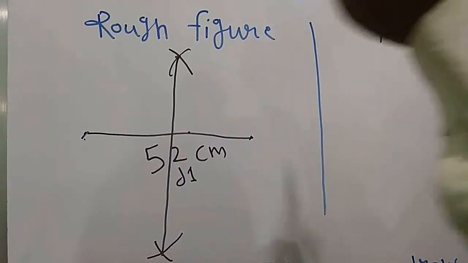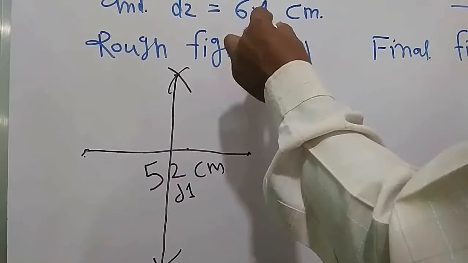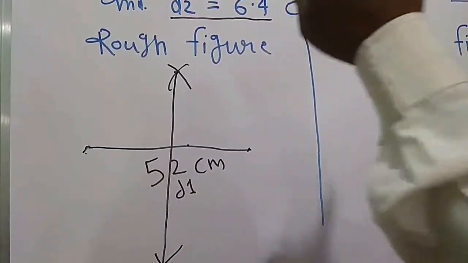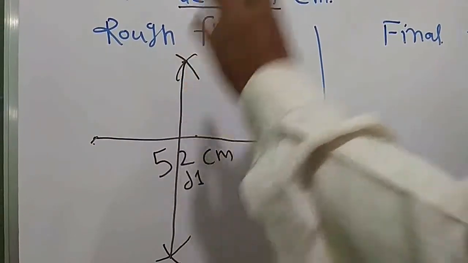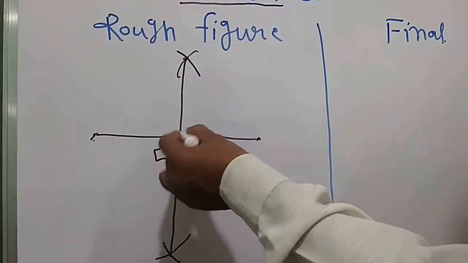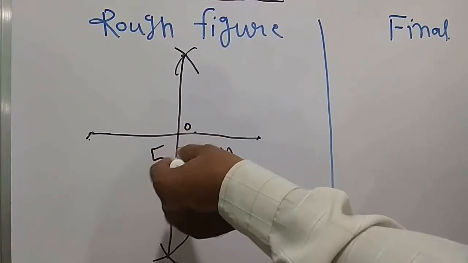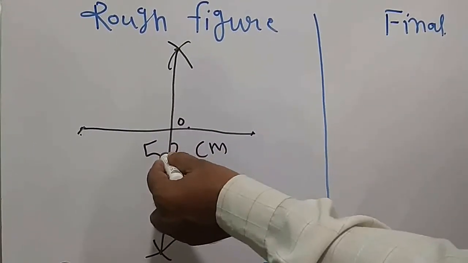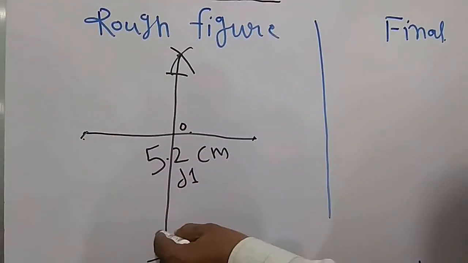Then we take half of 6.4 centimeter, that is 3.2 centimeter, and we open our rounder to 3.2. From the intersecting point O of the perpendicular bisector of 5.2 centimeter, we draw one arc here of 3.2 and one arc here.